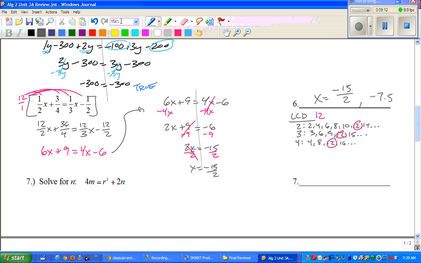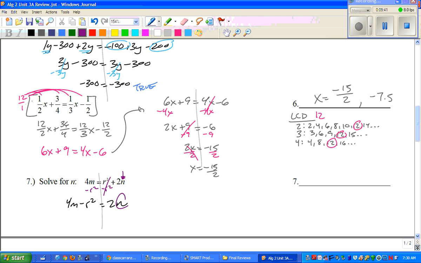Okay, and number 9, we have to solve for n right there. Okay, so the first thing we want to get rid of would be that r squared. So minus the r squared to both sides. And we get 4m minus r squared equals 2n.